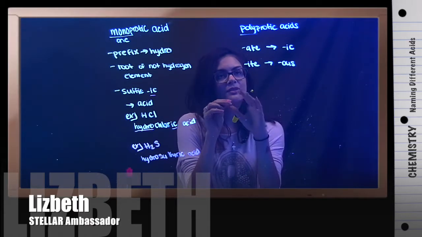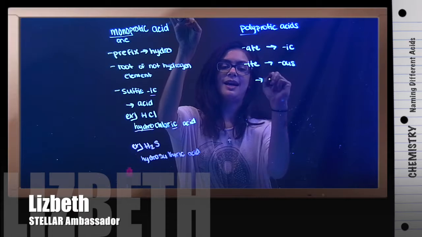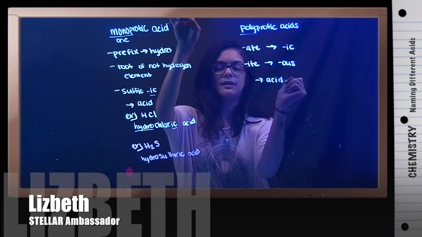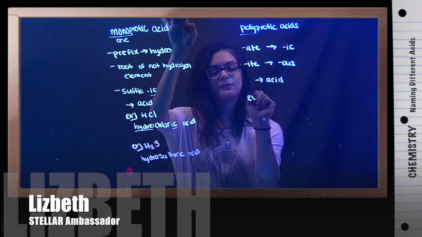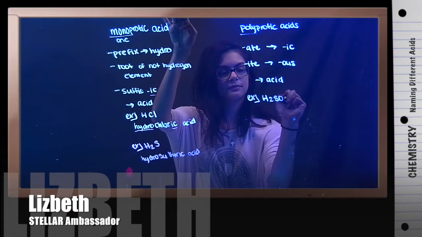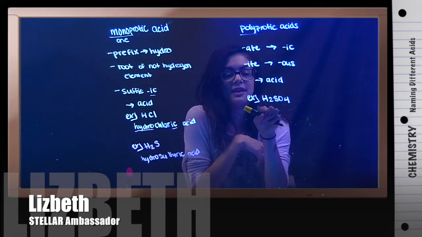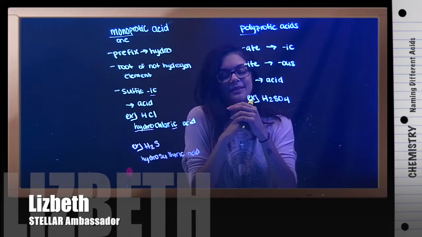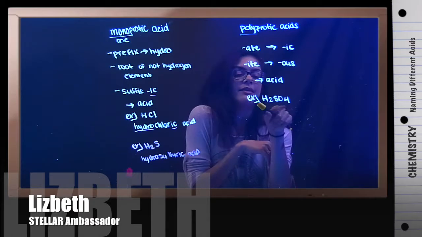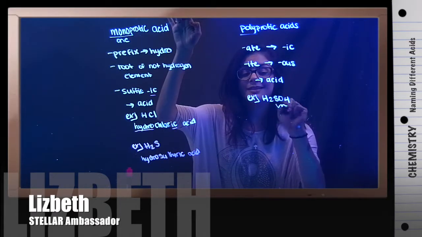So you're going to change the -ate to an -ic, the -ite to an -us, and then you're going to add acid. So how does that look? Let's do an example. Here, when you look at this molecule, you're going to notice that there's hydrogen, which is usually what indicates that it's an acid in the first place. And then we have our sulfate right here. Notice I said sulfate.